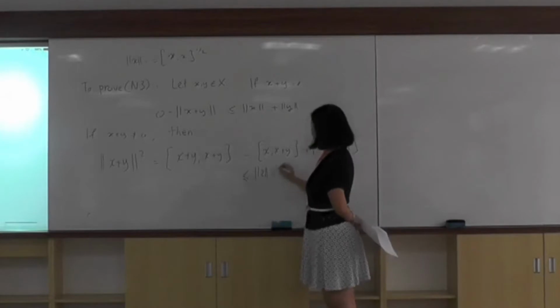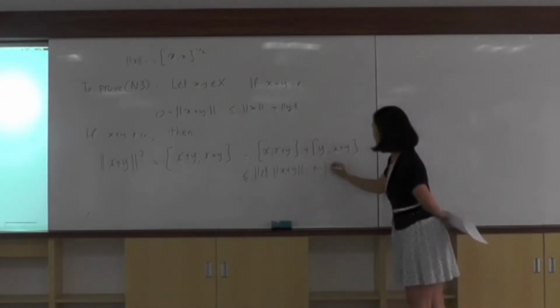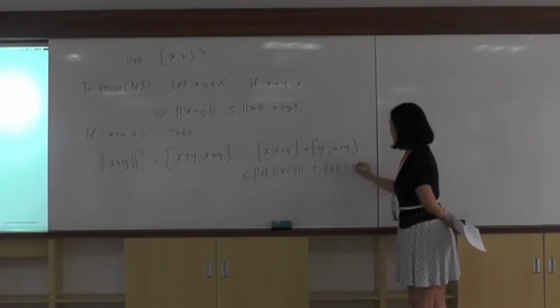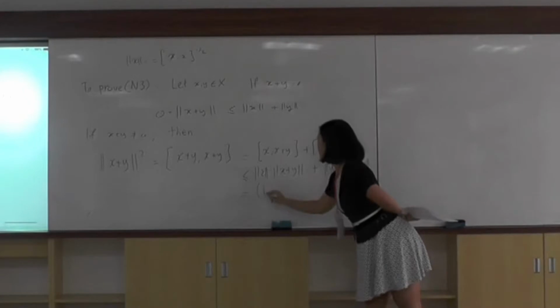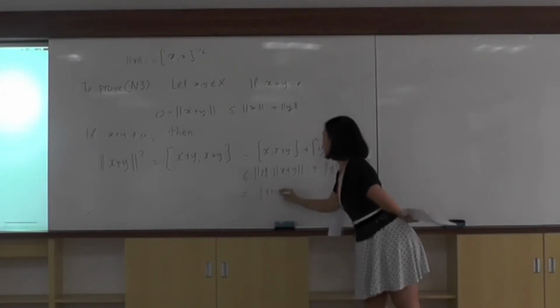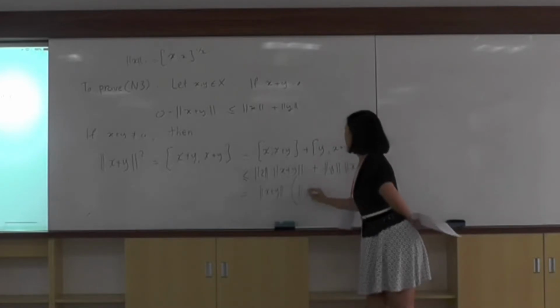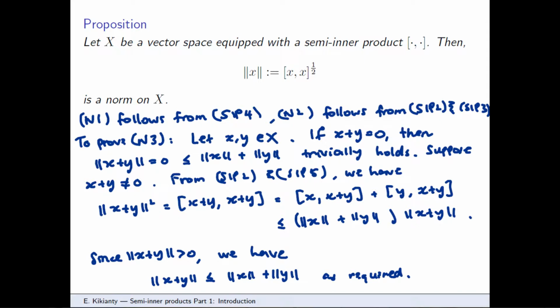Okay, so then you do the same thing with x plus y, the same thing here, norm of y, norm of x plus y. You can factorize the norm of x plus y out, then you get the norm of x plus the norm of y. Our assumption is that x plus y is not 0, right? So this norm is not 0, so we can cancel both sides. What do you get? The triangle inequality.